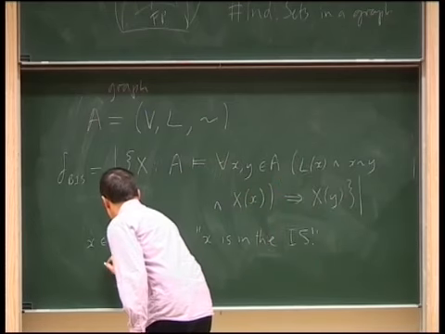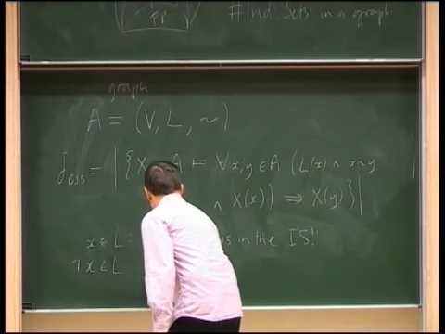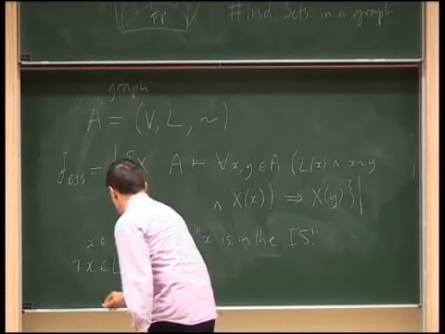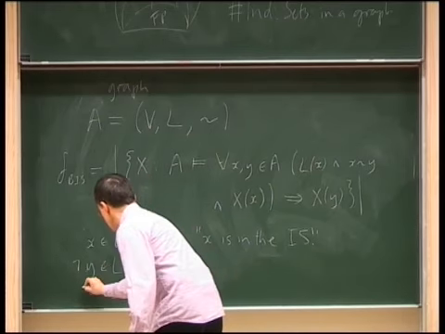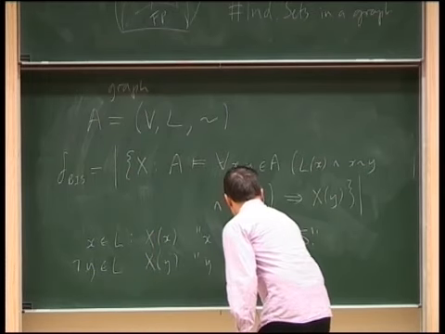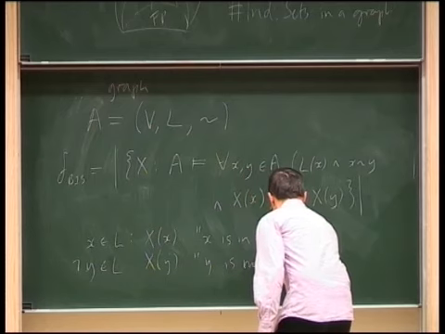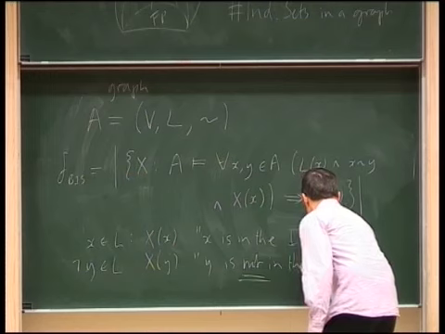If it's not on the left, or let's say y, for consistency of notation, this means that y is not in the independent set.